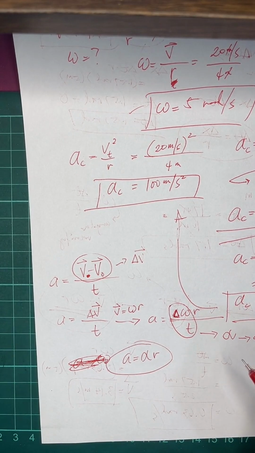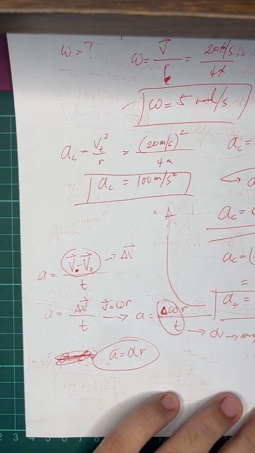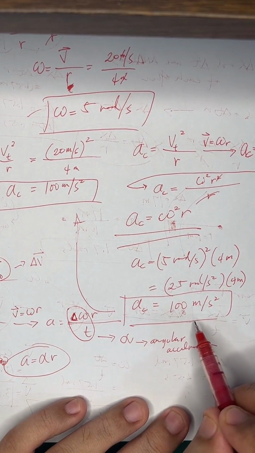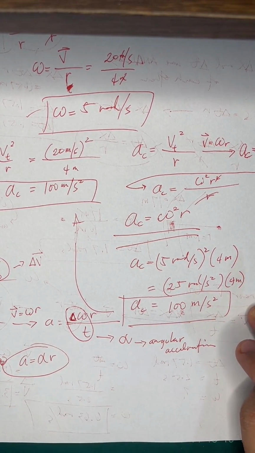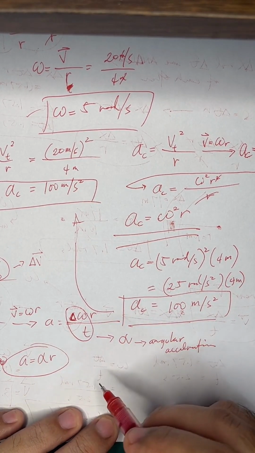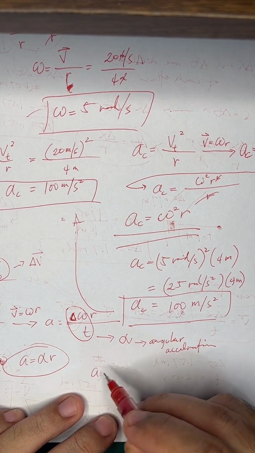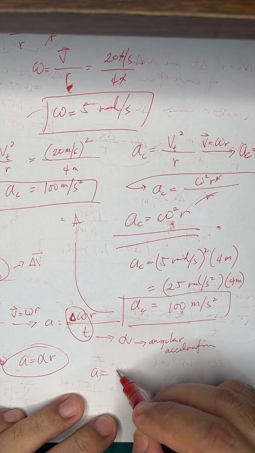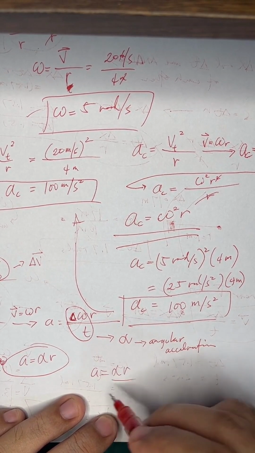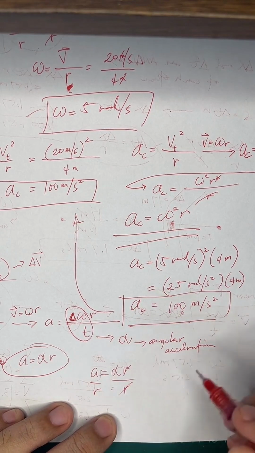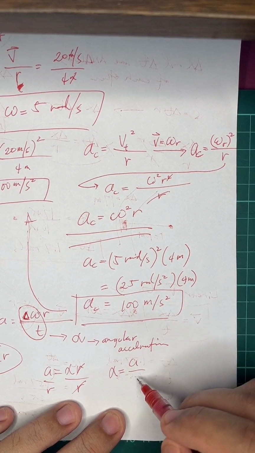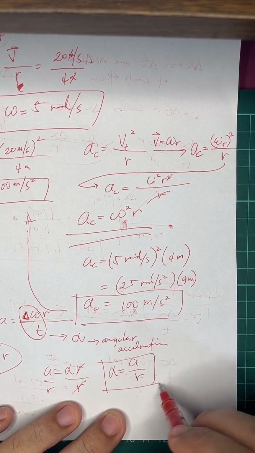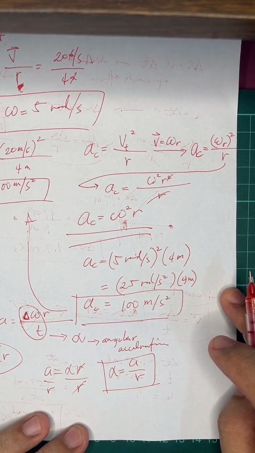So alpha times R. If, let's say, we have a linear acceleration, for example, here, 100 meters per second squared, we can convert this into angular acceleration. By deriving the formula we have here, divide both sides by R, and you have guessed it, alpha is equal to A over R. There you go.